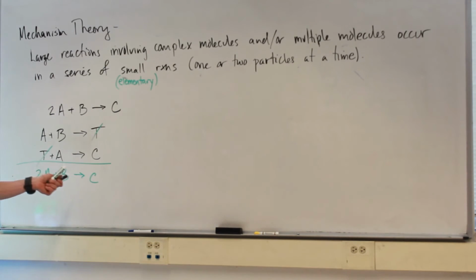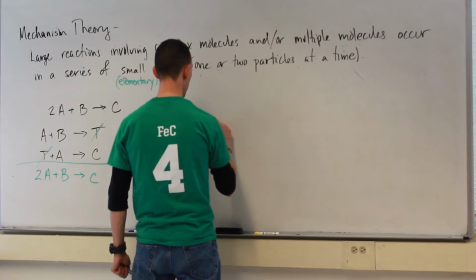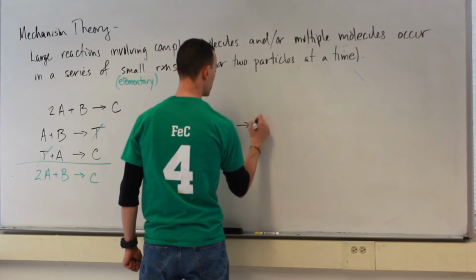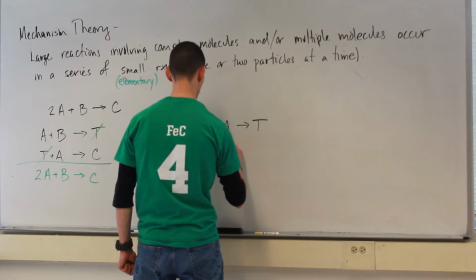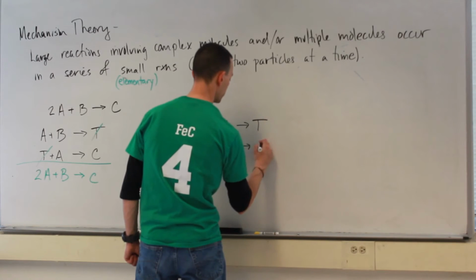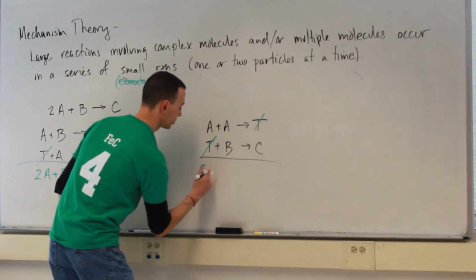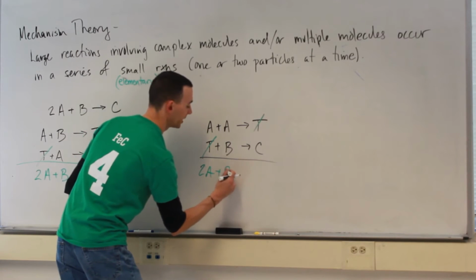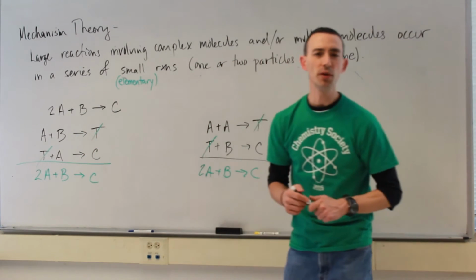Now, a different way this could happen might be maybe A plus A produce that temporary product, and then the temporary product reacts with B to produce C. That's again going to lead to 2 A's plus B giving us C. So there's some ambiguity.